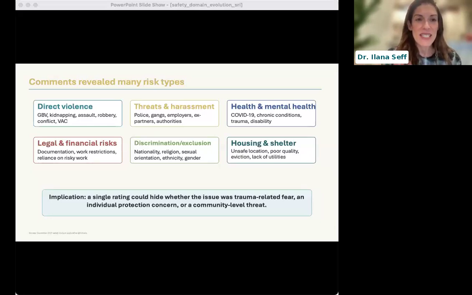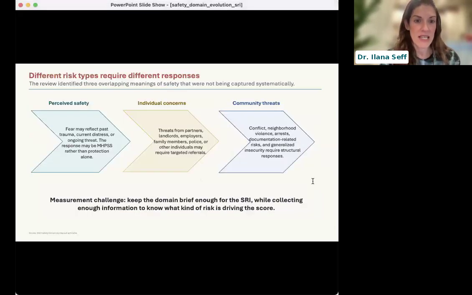And so, as you can see, just having this one score of a 1, 3, or 5 really hid what type of concern was taking place. And specifically, there were 3 overall categories that we were seeing coming up. So the first was a perceived safety issue.